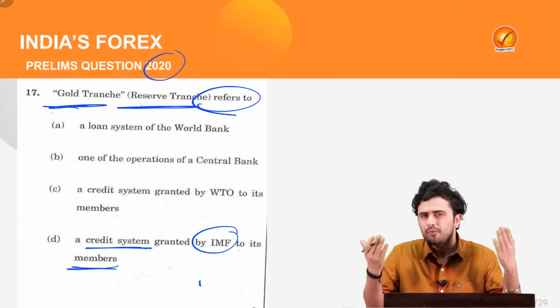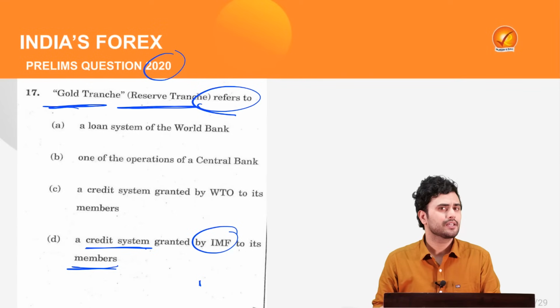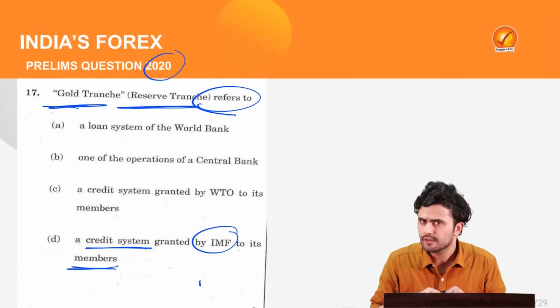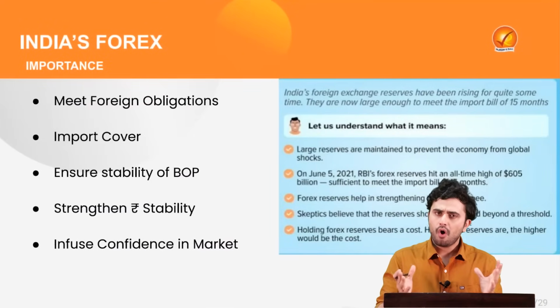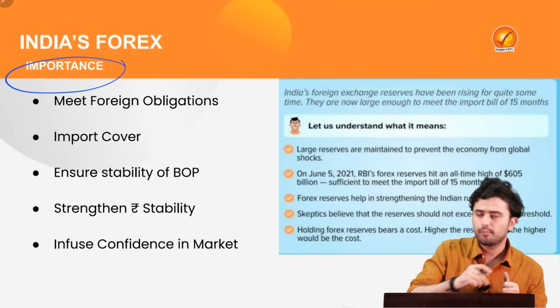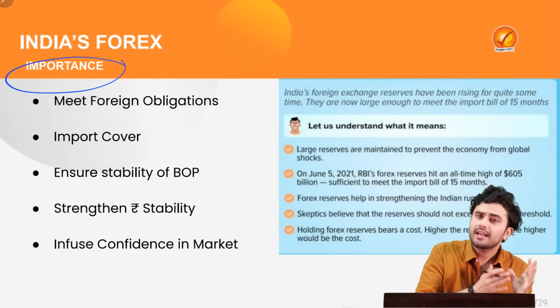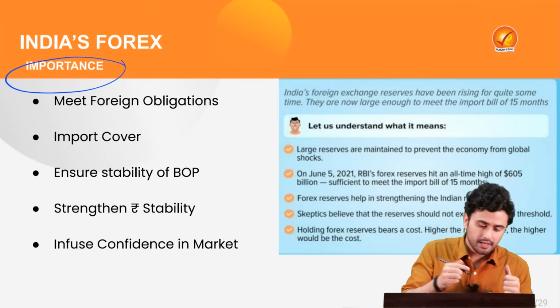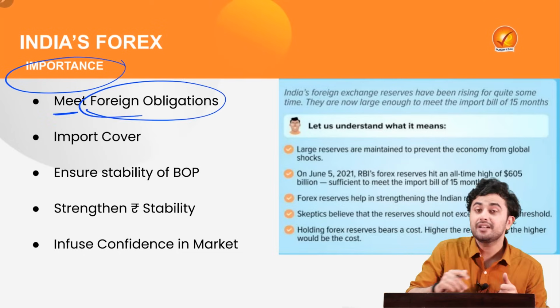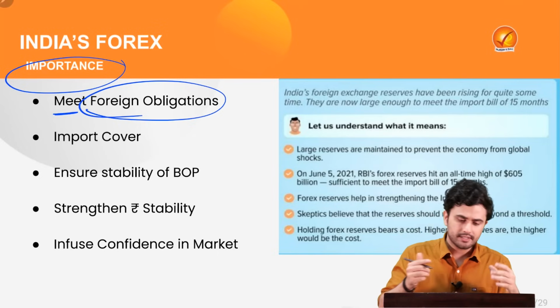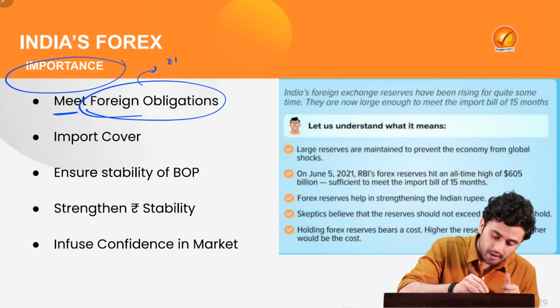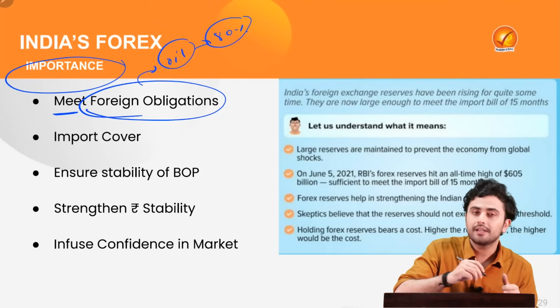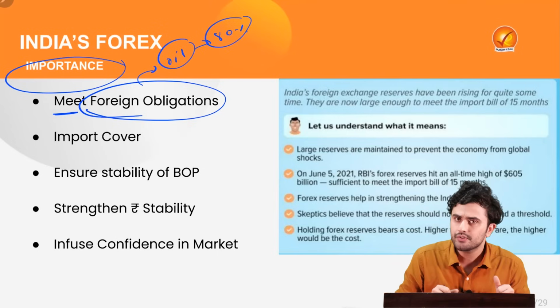Now, one might be wondering why India keeps such large forex reserves. What is its utilization? Because it has several importance. These foreign exchange reserves help us in meeting our foreign obligations. For example, India is a highly import dependent country when it comes to oil. Almost more than 80% of oil is what we import from other countries.